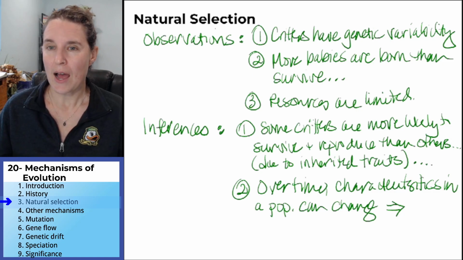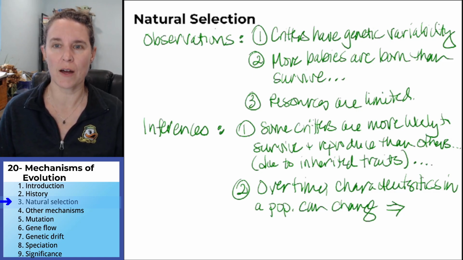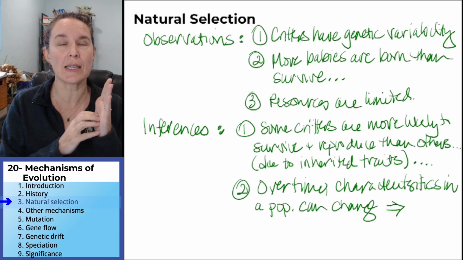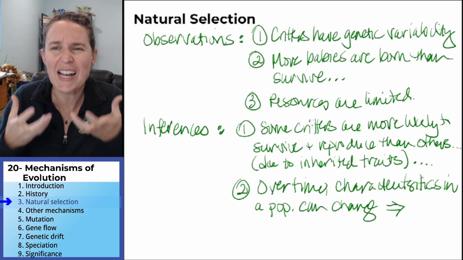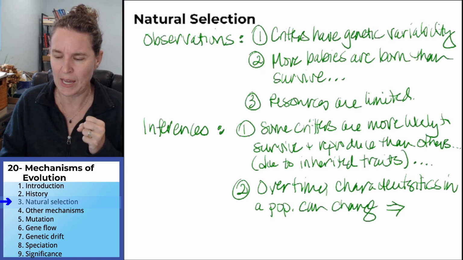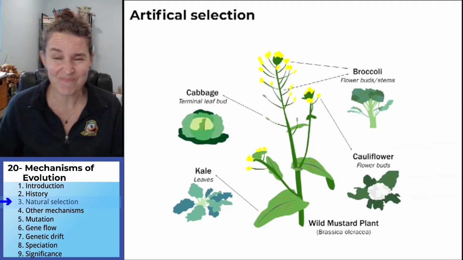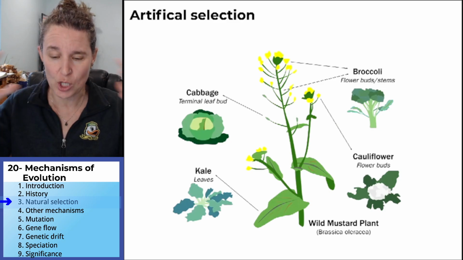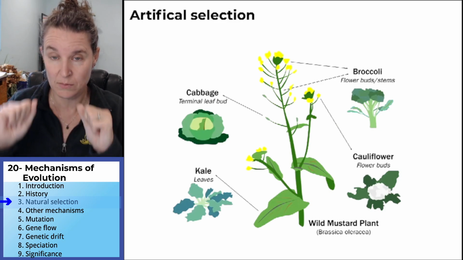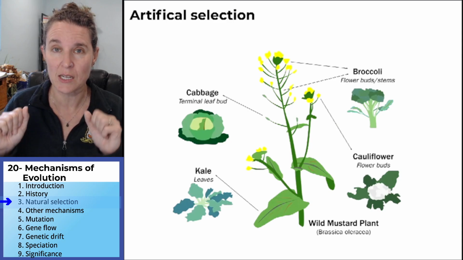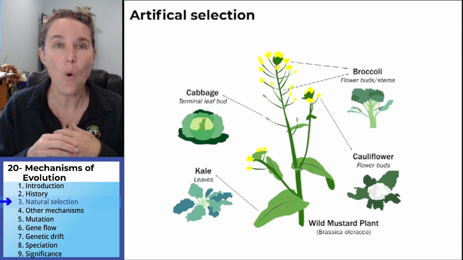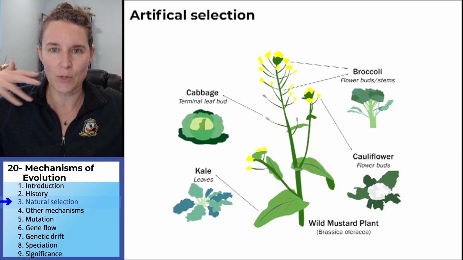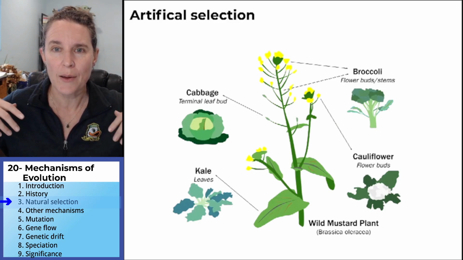One of the things that he did is he said, where's the evidence for this? Where can I see this actually happening? And he found artificial selection in human-grown crops, such as the mustard plant, or human-cared-for herds of farm animals, chickens.